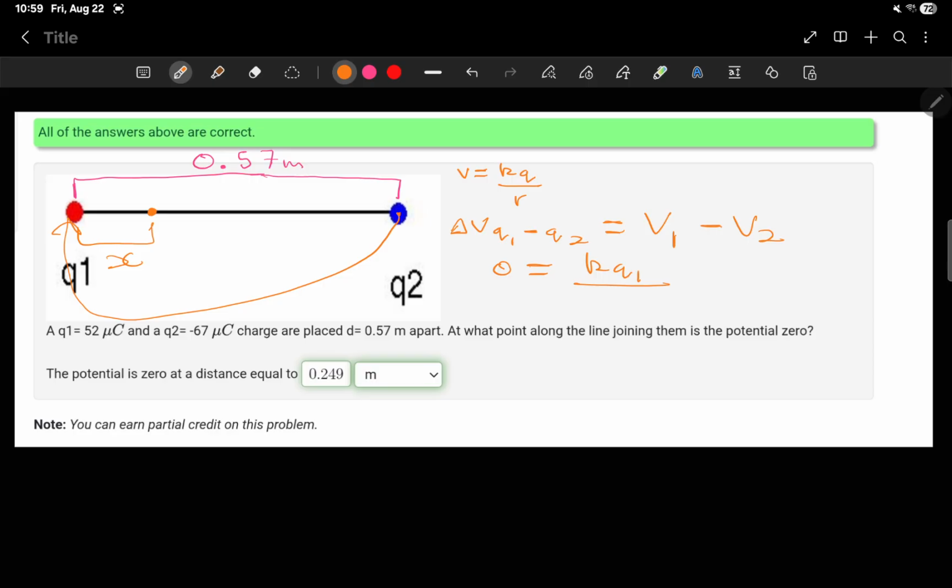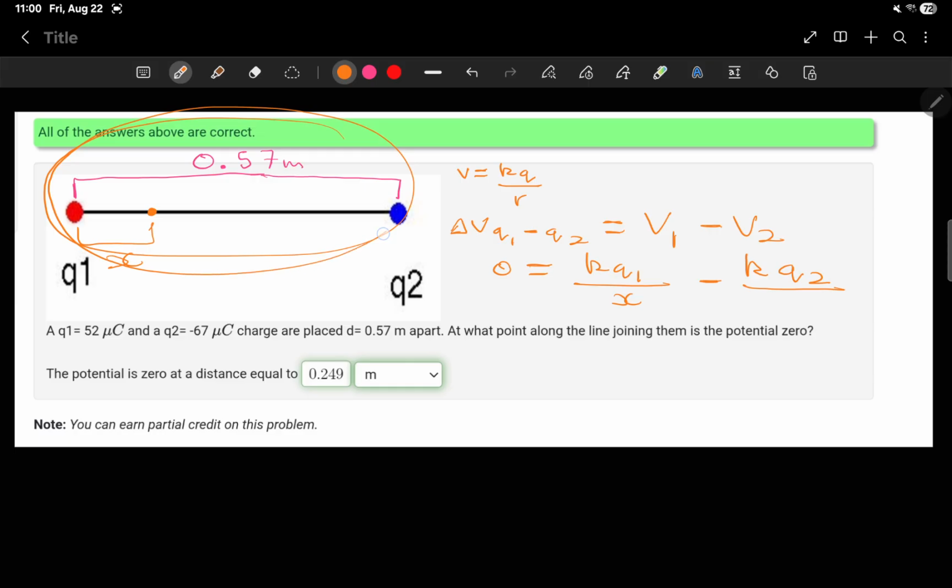Instead of r, for V1 it's going to be, from that point, Q1 is at a distance of x, so it's just going to be x, minus kq2 over r. Again, r for Q2 is going to be a bit different. It's going to be this entire distance of 0.57 meters minus x.